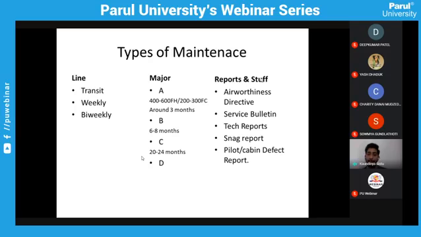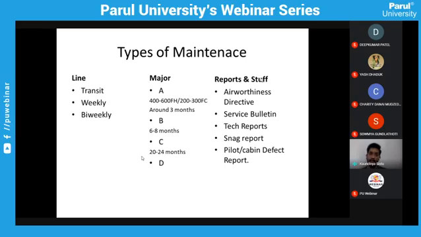And cabin defect reports are the reports given by the air hostesses, who are with the pilot but do not have much knowledge. They don't write much, but what they write is, for example, there is a coffee maker in the aircraft, right? Coffee makers, ovens and other stuff. There is also a monitor in front when you are going in a 320 or 380 aircraft.